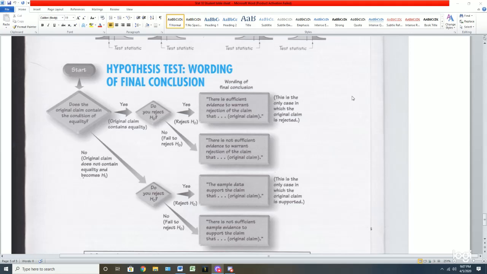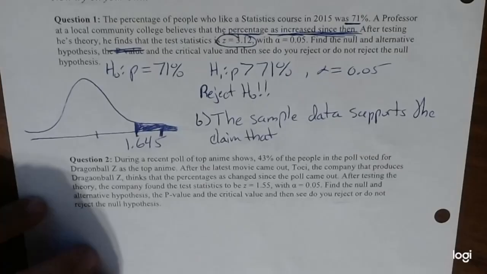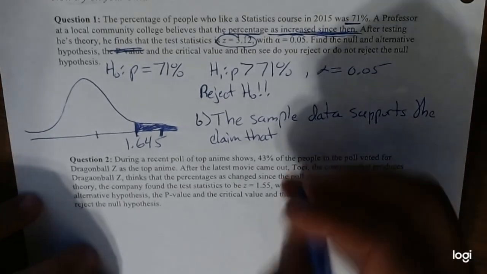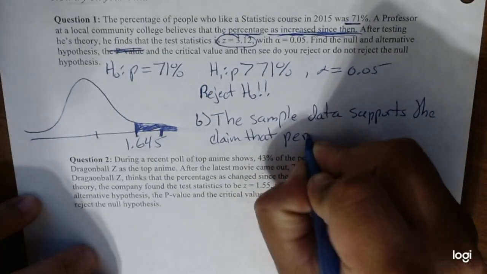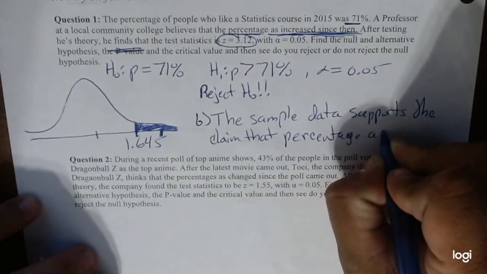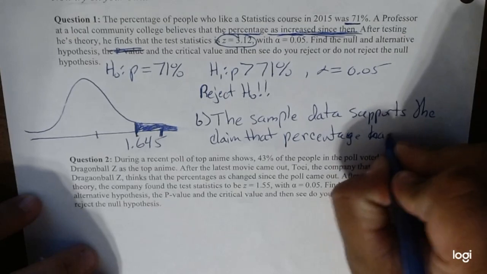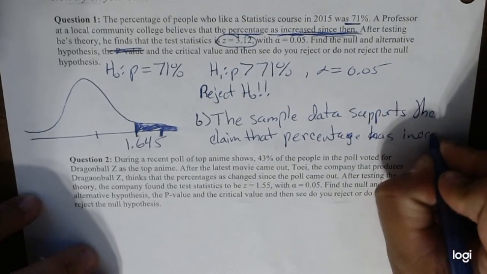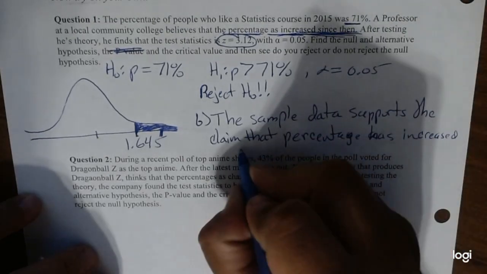Okay, so that means we're going to go back to the original claim. And what were we talking about? Well, he believes that the percentage has increased since then.